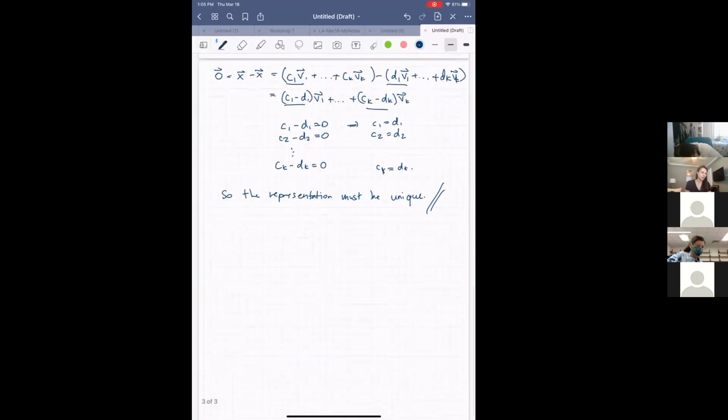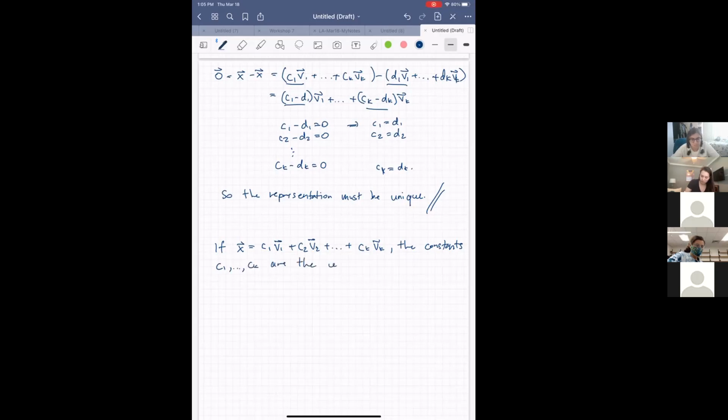So how we'll represent this is if X, so I'm just copying down this thing we have up here, but if X is equal to this guy, CK times VK, like this, then the constants C1 up to CK are going to be the coordinates of X in the basis B, right?